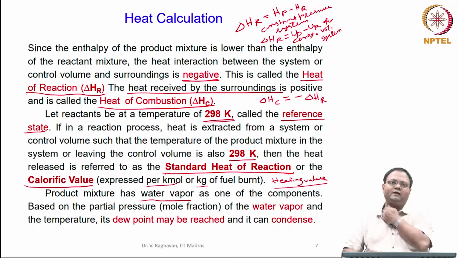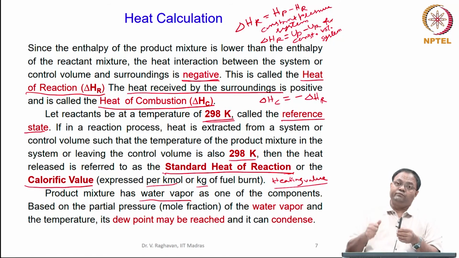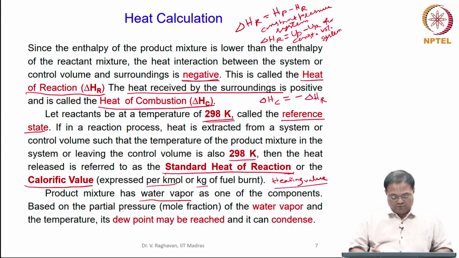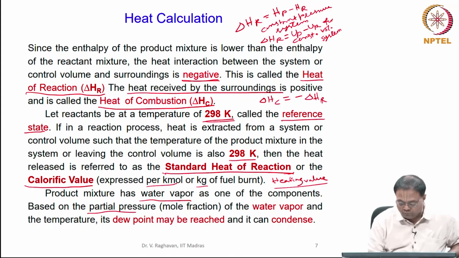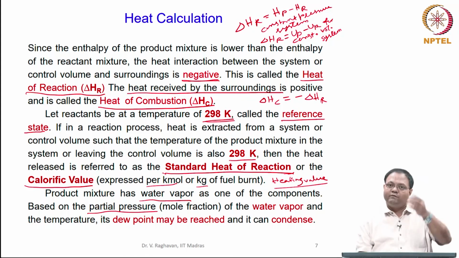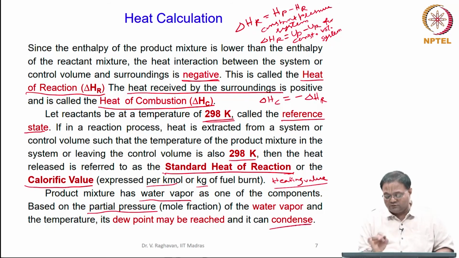We know that 100 degrees is the boiling point of pure water, but the water vapor only has some mole fraction in the product mixture. So based upon the partial pressure of the water vapor, a dew point temperature may occur when you steadily cool it. After it reaches this dew point temperature, the water condenses.